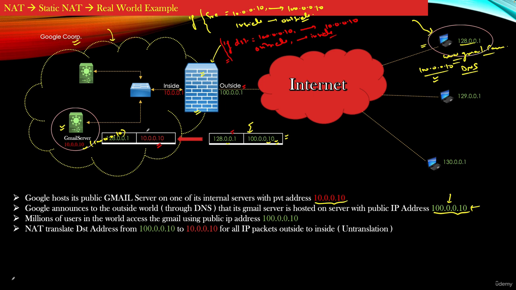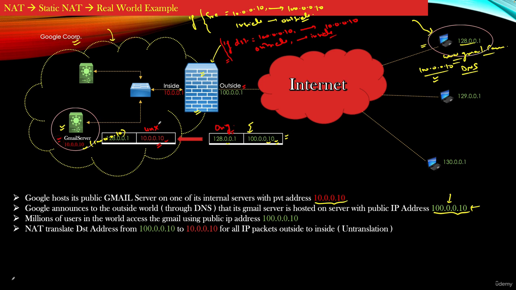I am writing it as UNX, untranslated packet, whereas this was the original packet. Once the packet has entered the private network of the Google Corporation, its destination address would be 10.0.0.10, and the private network knows how to route this packet based on the destination IP address. So this packet eventually reaches the Gmail server.